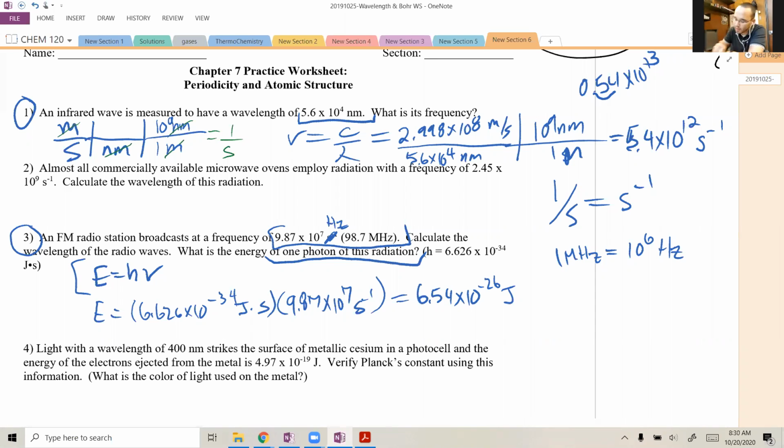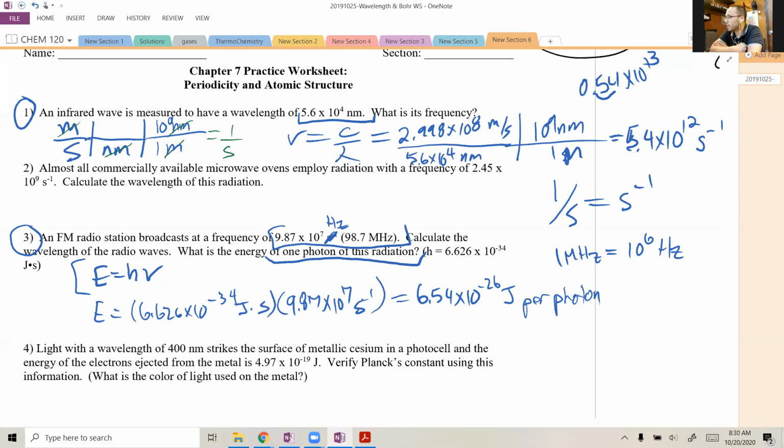We multiply that by our frequency, 9.87 times 10 to the 7, and that's how we get 6.54 times 10 to the minus 26, which should be joules. More specifically, this is joules per photon. So one of those packets of light, as it's going through, carries that much energy.